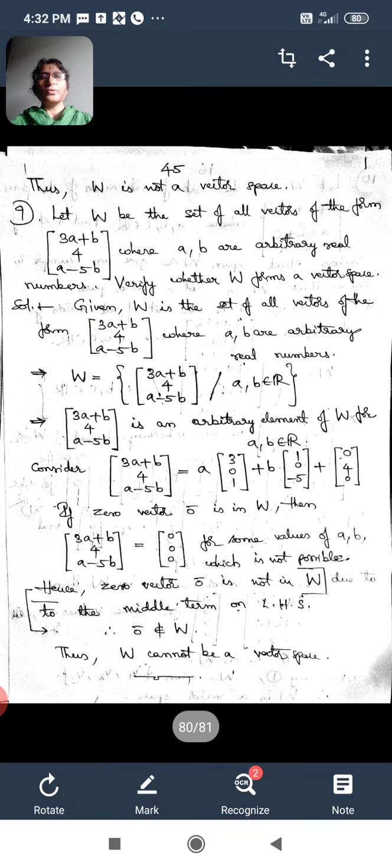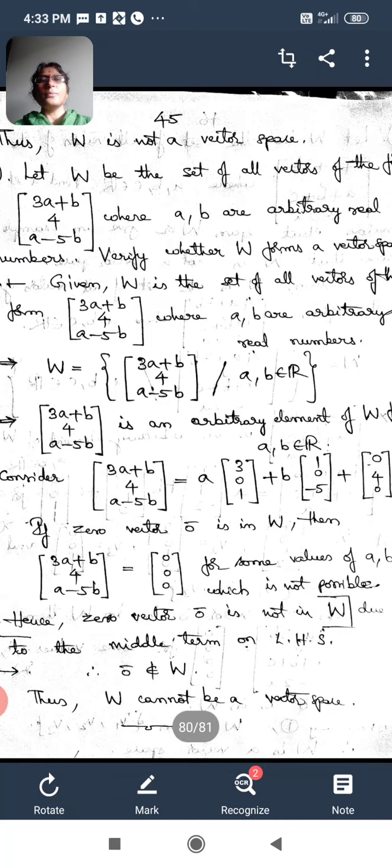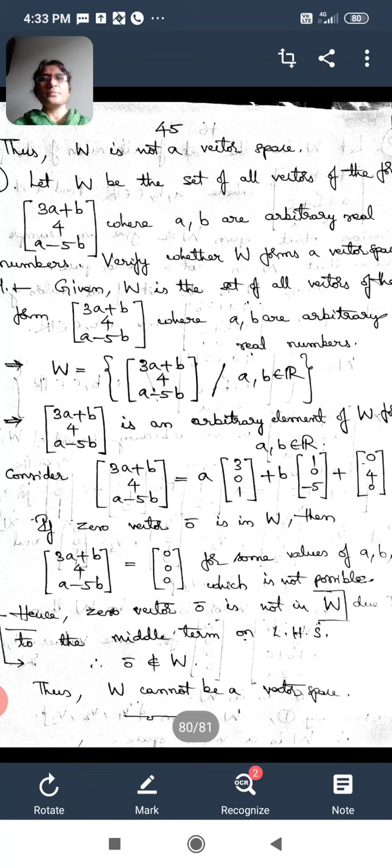We are asked to verify whether w forms a vector space. So now, if the elements of w are of this form, we are asked to find whether w forms a vector space.